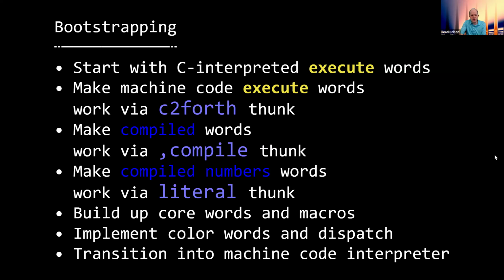And then using this C harness that knows how to just execute words only, I then implement compiled words, which the harness knows how to invoke using a separate thunk based on the color tag. And then lastly, a compiled numbers thunk.